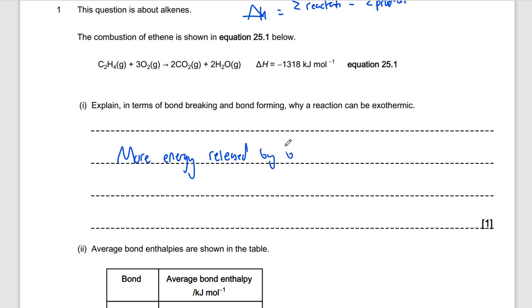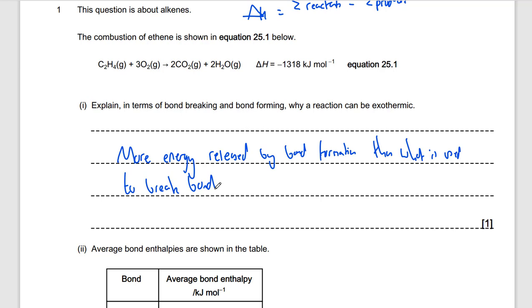So you've got more energy coming out by bond formation than what you are putting in to break them. Then what is used to break them? And that's it. There's nothing more to it than that, but it does require a bit of exam technique.